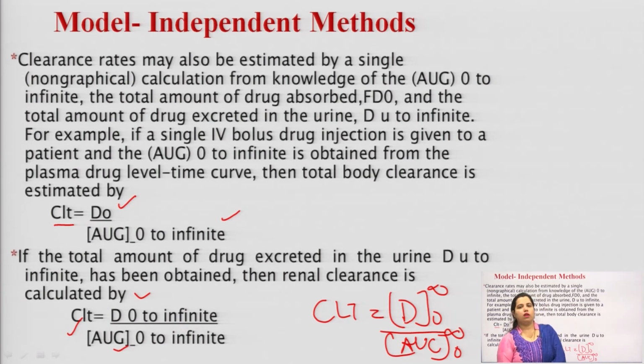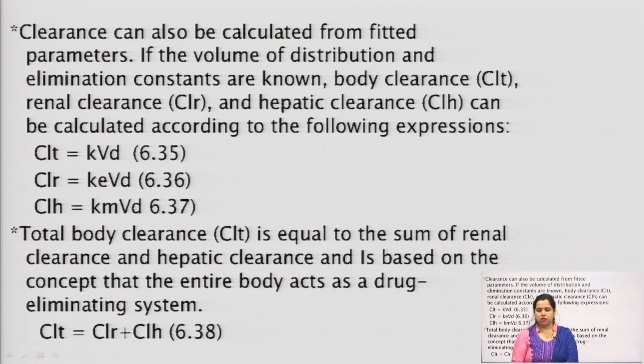So, likewise we can present this equation. Clearance can also be calculated from fitted parameters if the volume of distribution and elimination constants are known, whereas in the model independent approach we do not consider or assume these parameters.